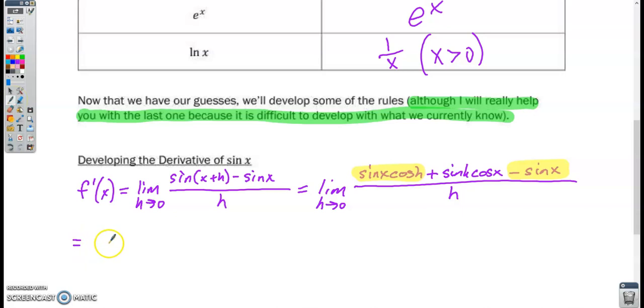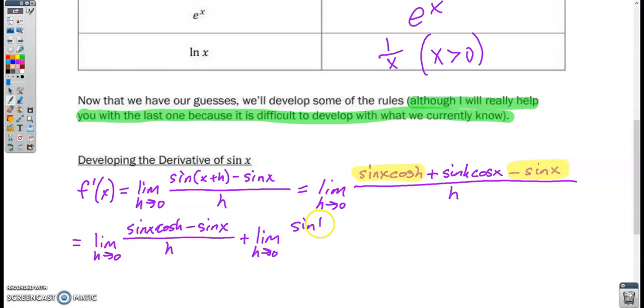And so this is going to be equal to the limit as h goes to 0 of sine of x cosine of h minus sine of x all over h, plus the limit as h goes to 0 of sine of h cosine of x all over h.